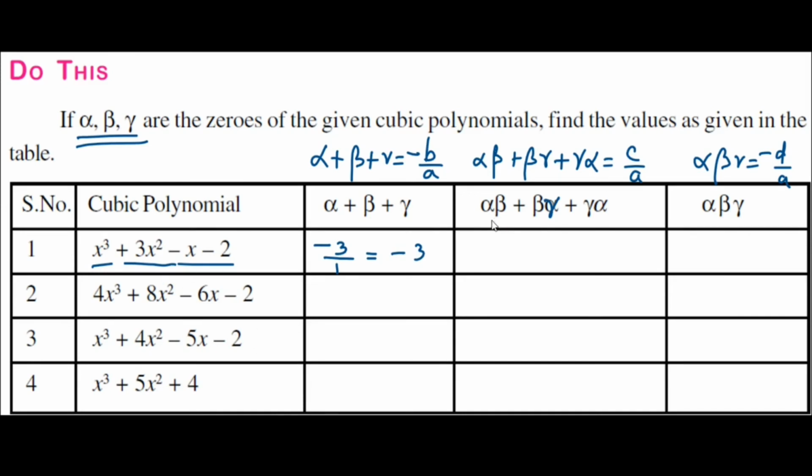And alpha beta plus beta gamma plus gamma alpha is c by a. Here c is minus 1. Minus 1 by 1 becomes minus 1. Here alpha beta gamma is minus d by a. So minus of minus 2 by 1. This is positive 2.